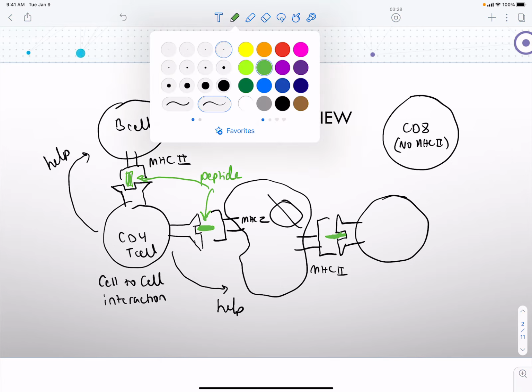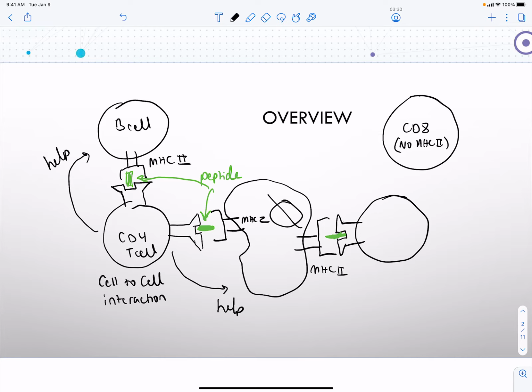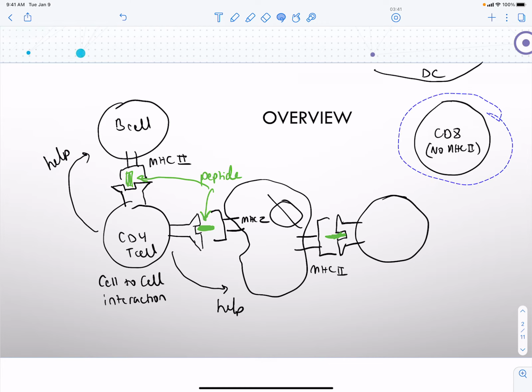And this CD8 T cell is being activated, we'll see over here, by a dendritic cell. And this is an MHC class I with the T cell receptor for your CD8 T cell.